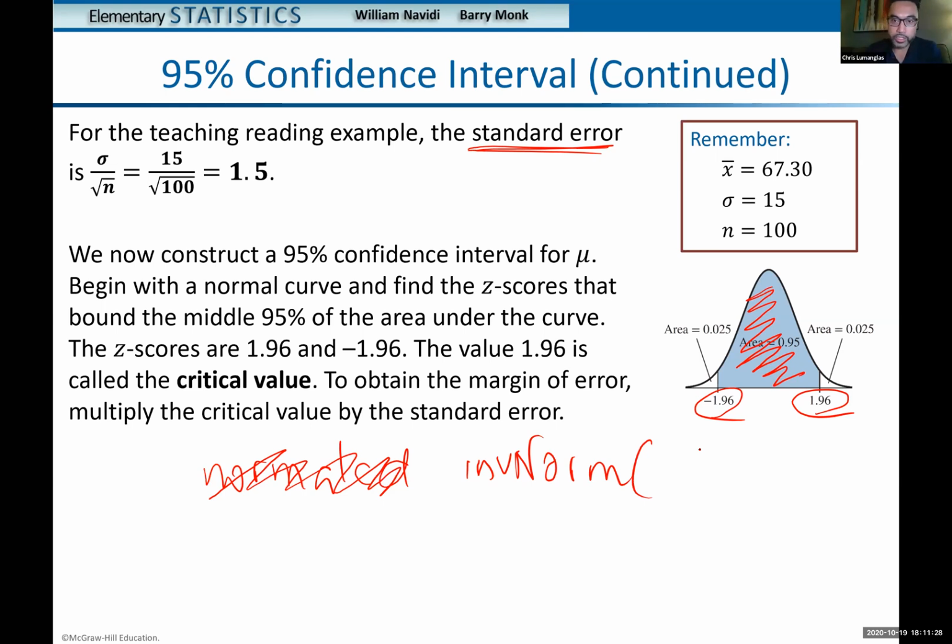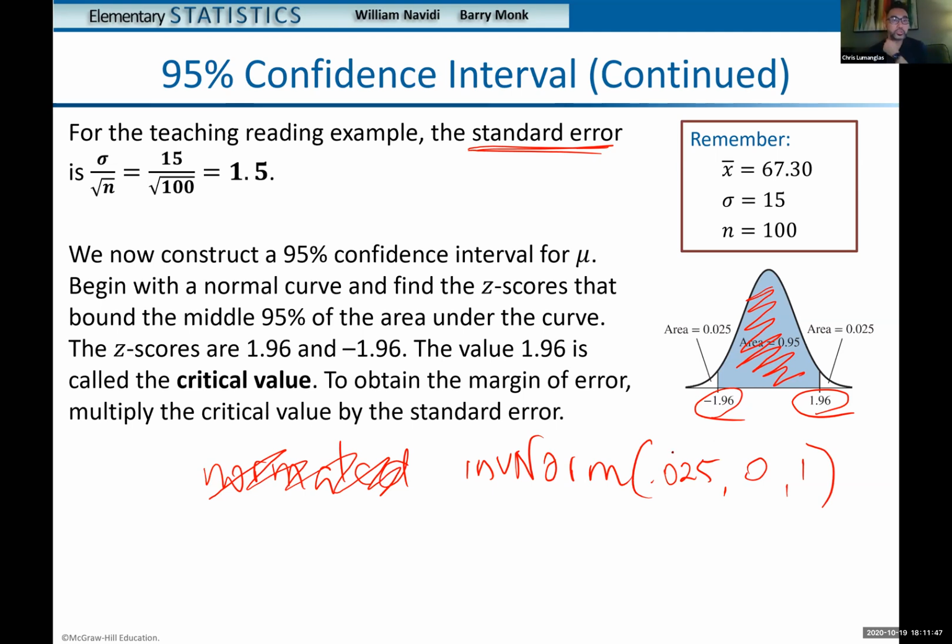So remember, 95%, so this is 0.025, this is 0.025, that's 2.5% and 2.5%, so this is 0.025, 0, and 1. If you do this, you will be able to get negative 1.96.